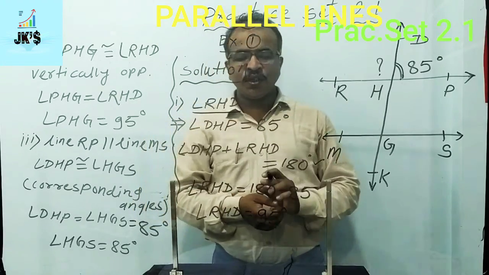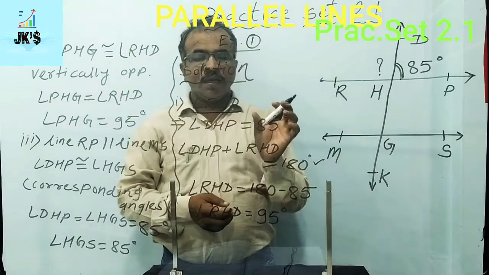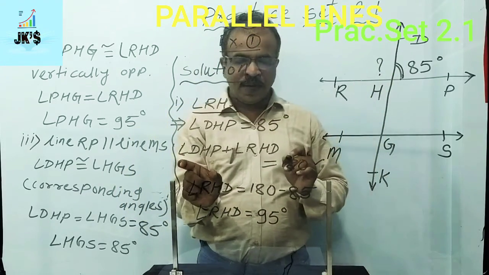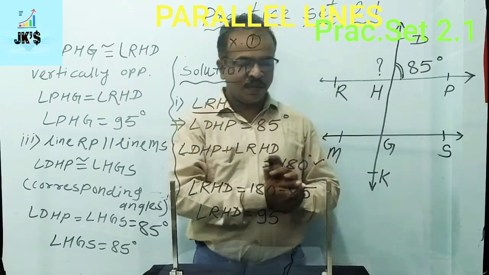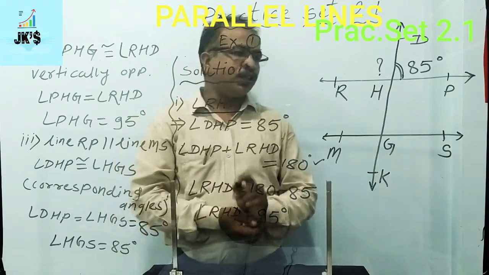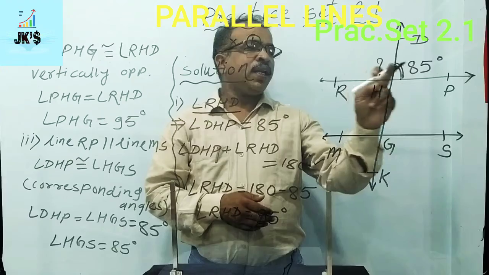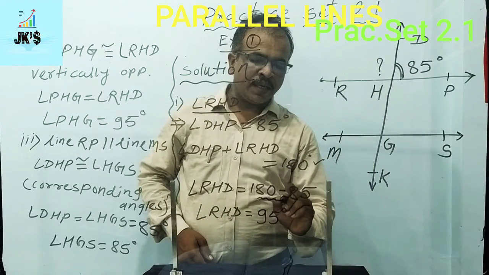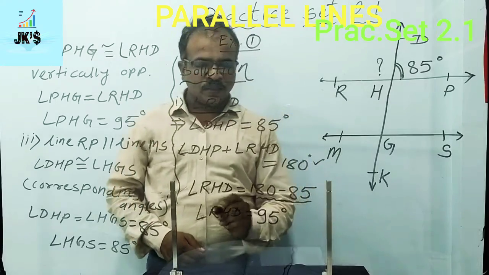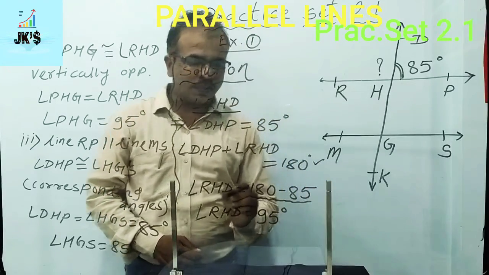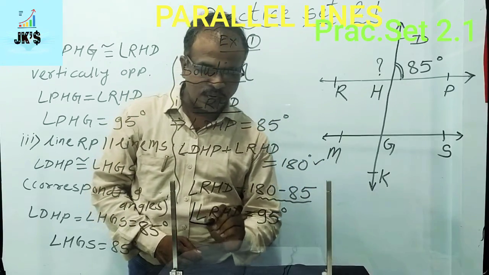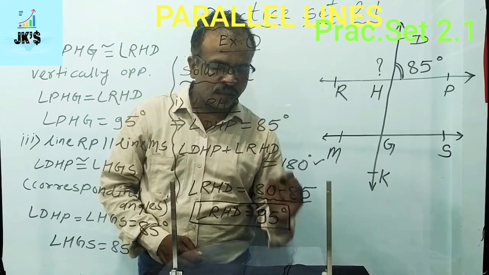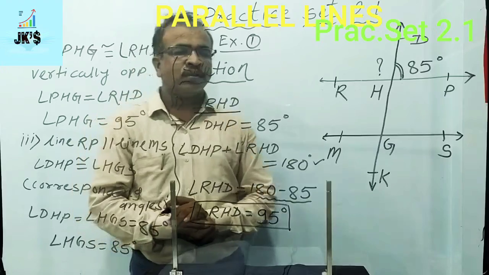But out of which DHP is given 85. This 85 is taken to the opposite side. Angle RHD equals 180 minus 85. So RHD equals 95 degrees. This is the answer of the first question.